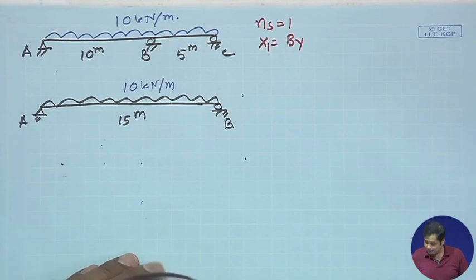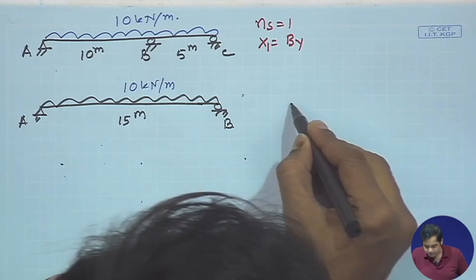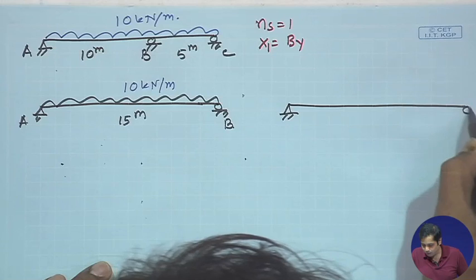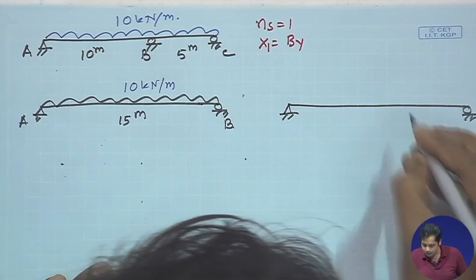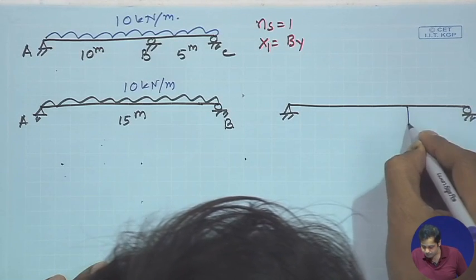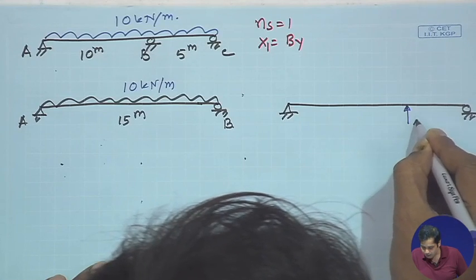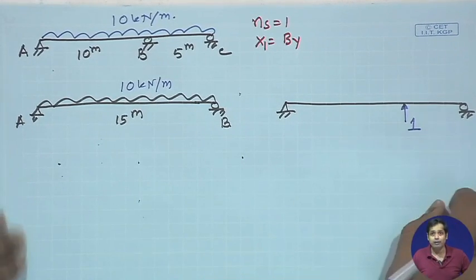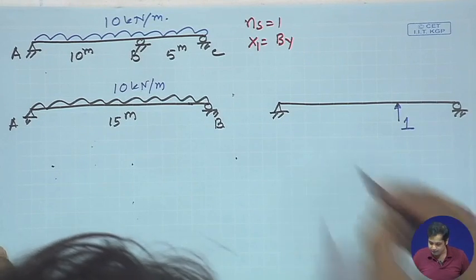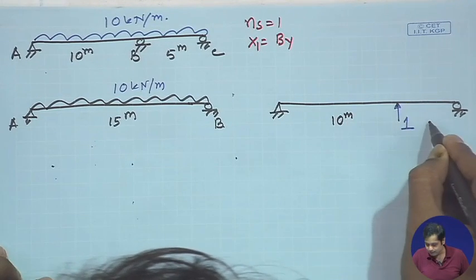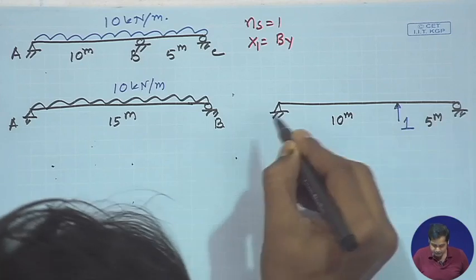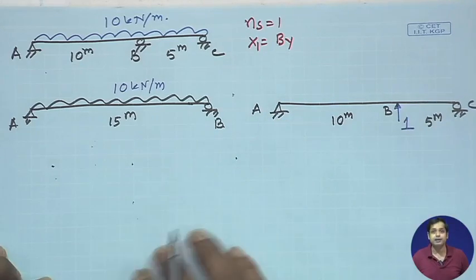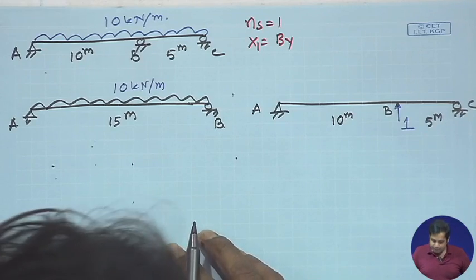And then another primary structure which is now subjected to a unit load, so x1 is equal to 1. Now, this is 10 meter and this is 5 meter. This is A, then B, then C.